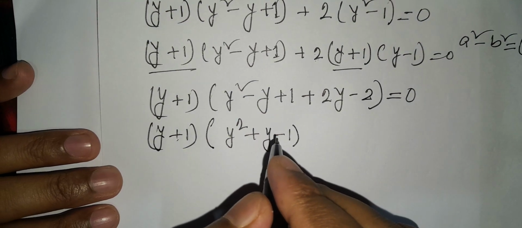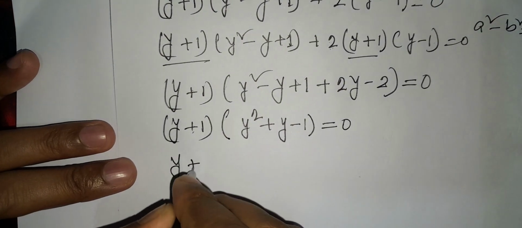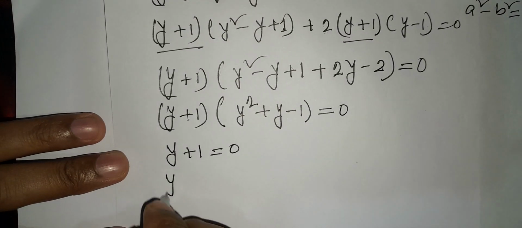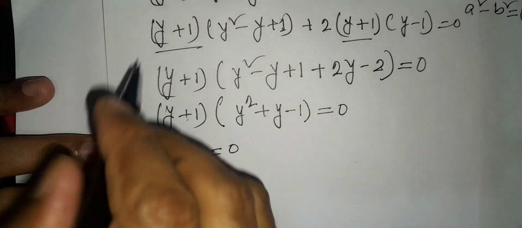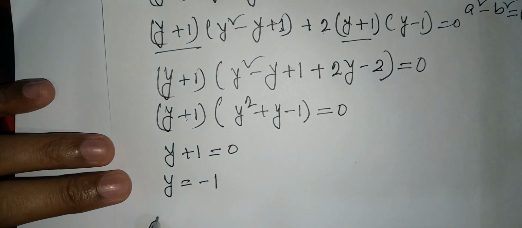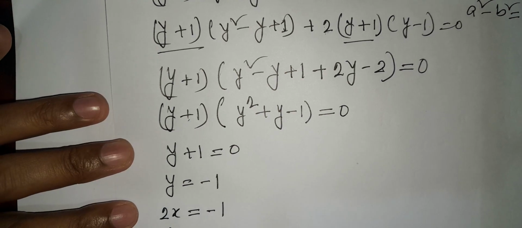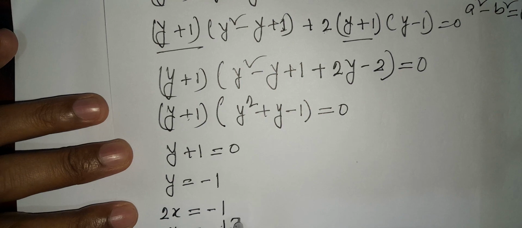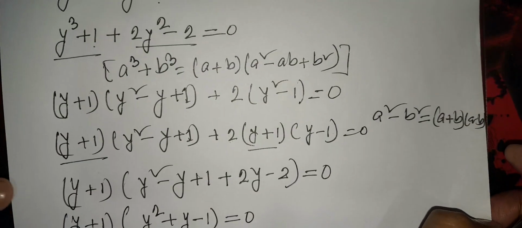Okay, now we can write y plus 1 is equal to 0. Okay, and y equal to minus 1, and we have said y equal to 2x, so we use 2x is equal to minus 1, x equal to minus 1 by 2 is a solution of this equation.